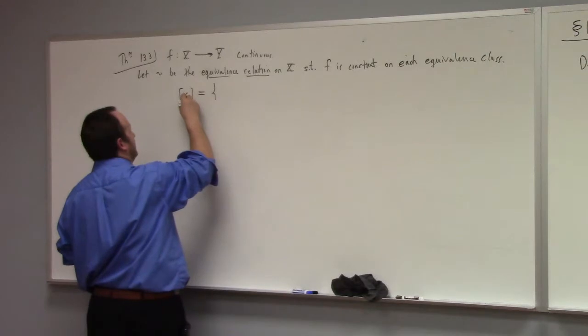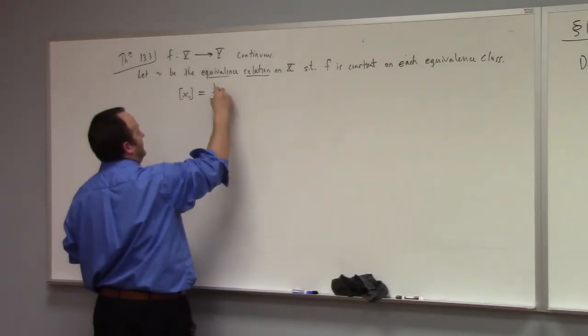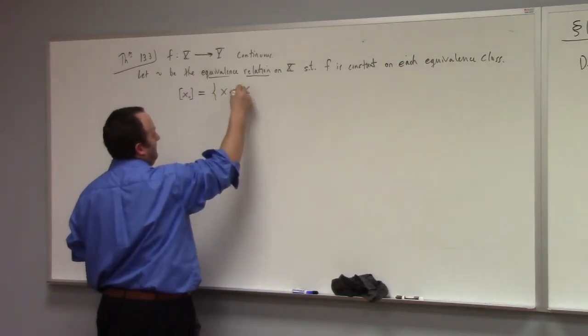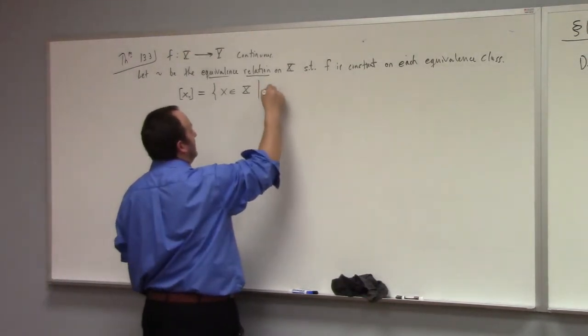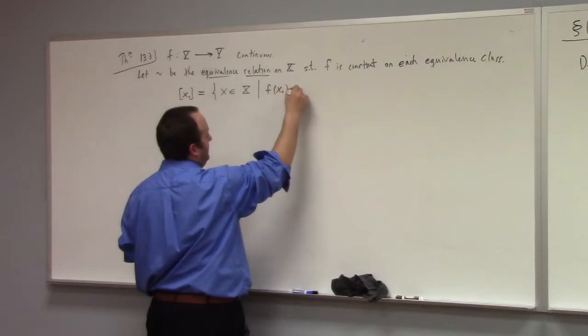Let me call it x naught. So that equals the set of x in X such that what? F of x naught equals what?